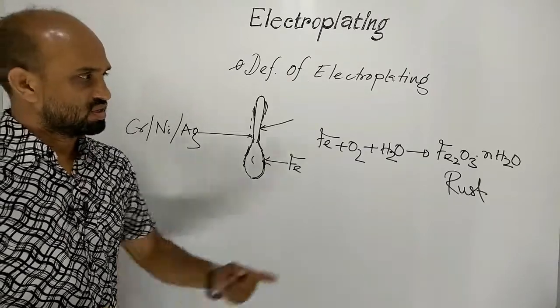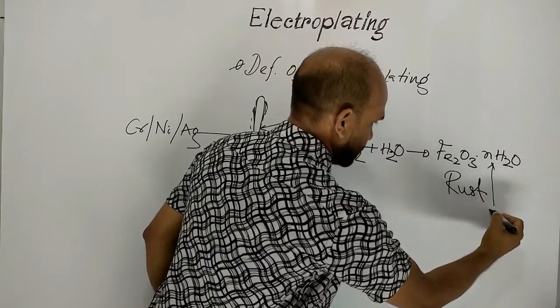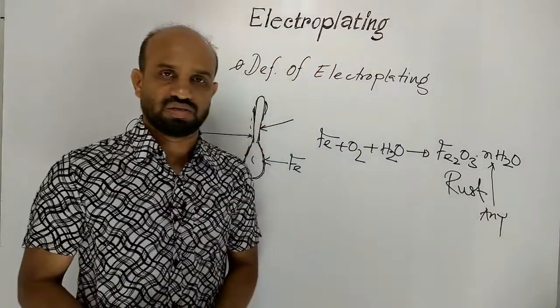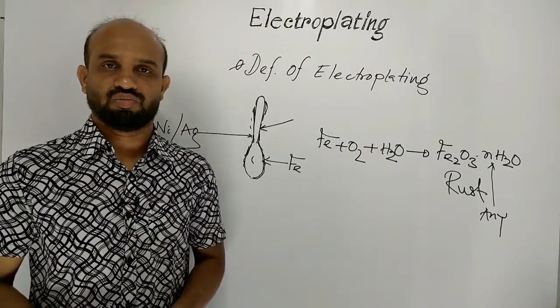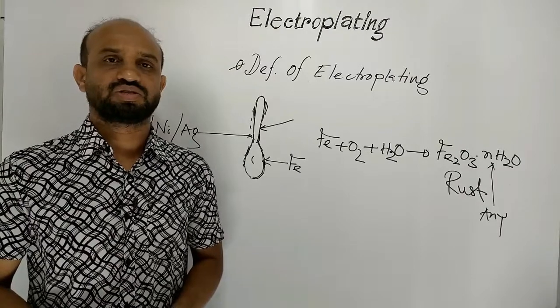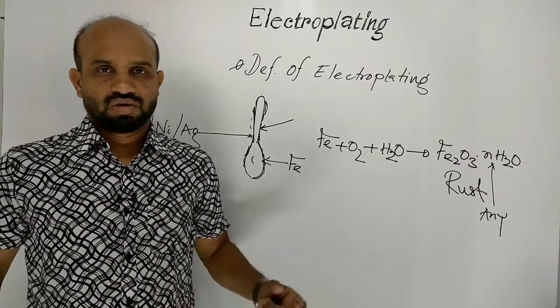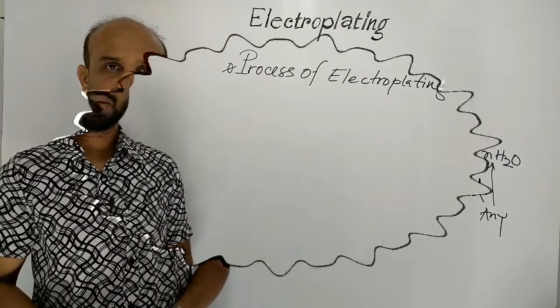Here in the rust, n stands for any positive integer. Rust contains any number of water molecules. It depends on the extent of the process. Now let's see electroplating through electrolysis process.